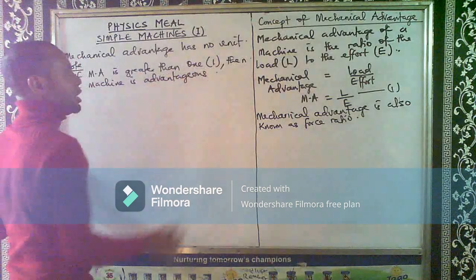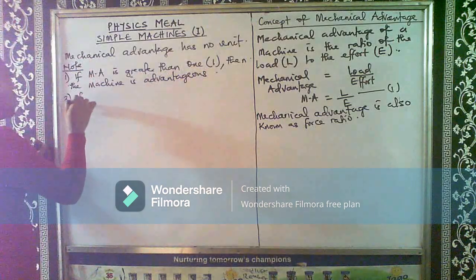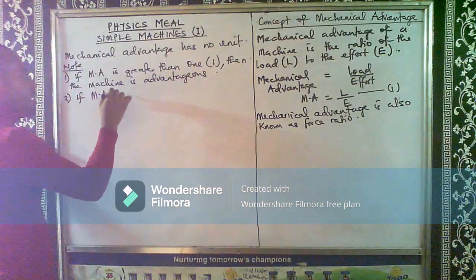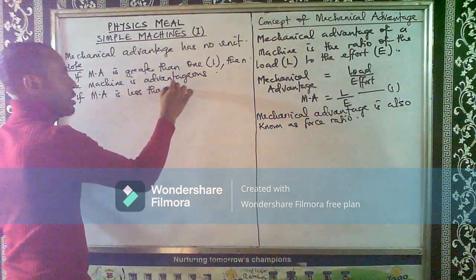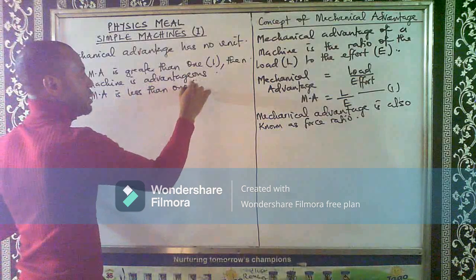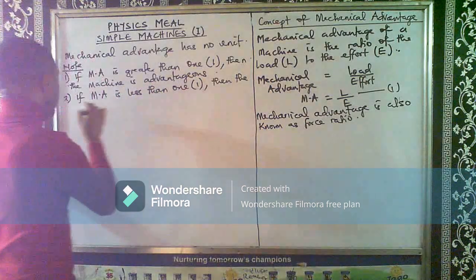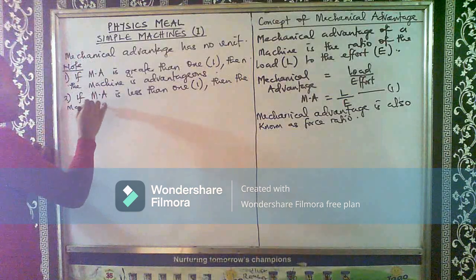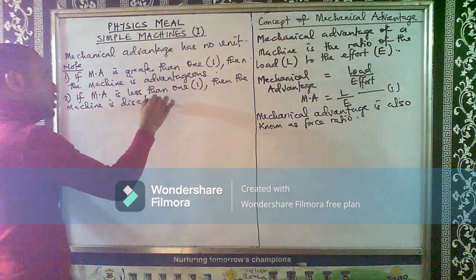So using the machine has some advantage. 2. If MA, that's mechanical advantage, is less than 1, then the machine is disadvantageous.